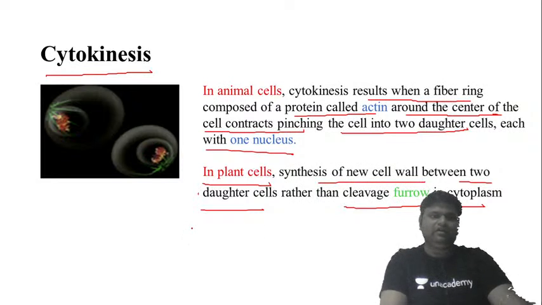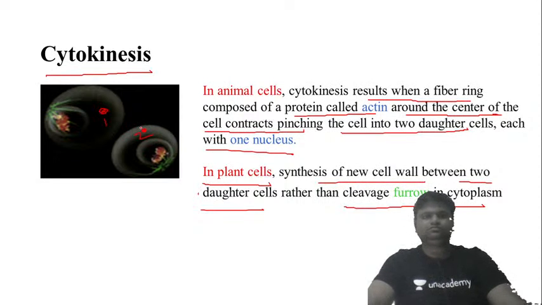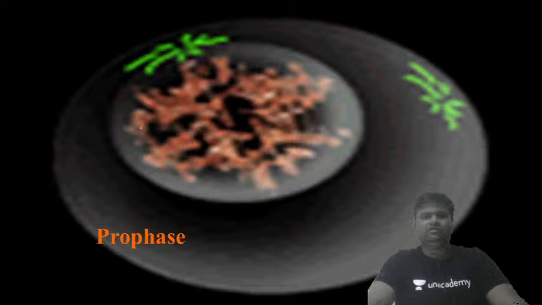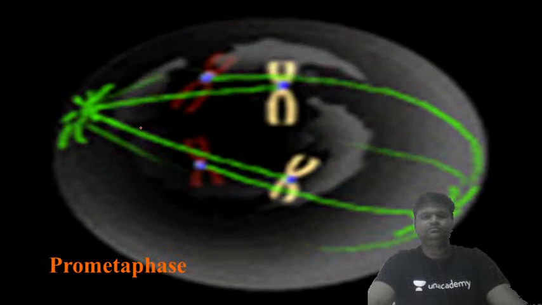So cytokinesis has occurred and two new cells are formed. This one is cell 1, this one is cell 2. So two new cells are formed. So this is the interphase or the preparatory phase. Next is the prophase. This one is the pro-metaphase.